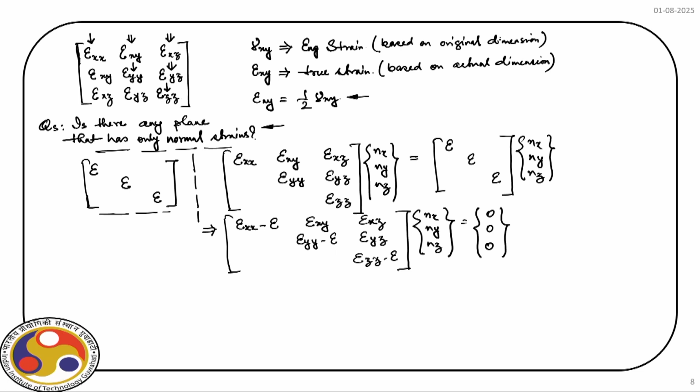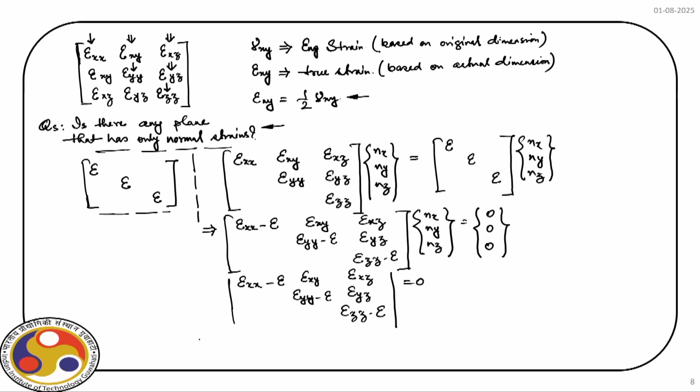And then again, as we did in case of stress analysis, we are not looking for any trivial solution which is n x equal to n y equal to n z equal to 0. So, for our case we will have the determinant of this matrix equal to 0.